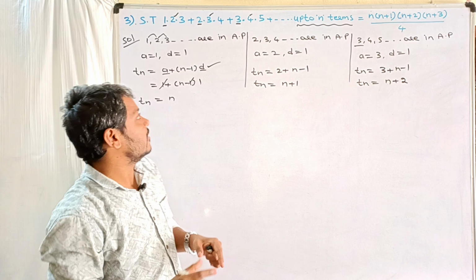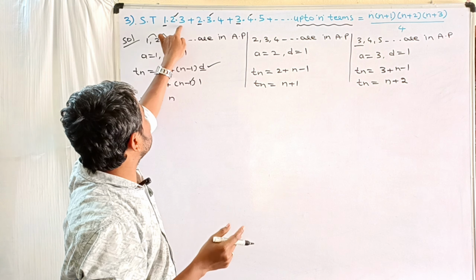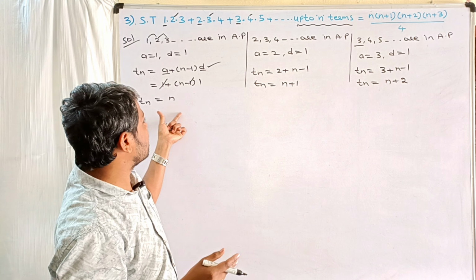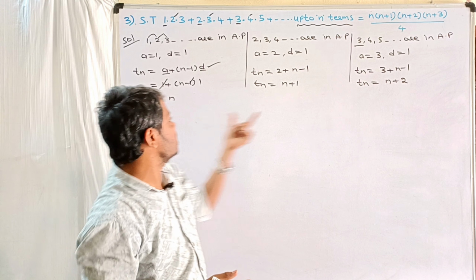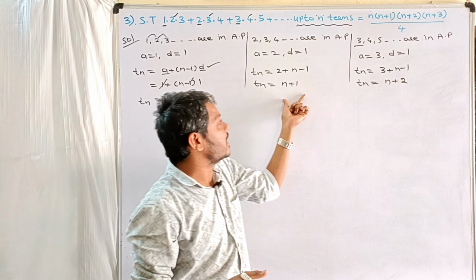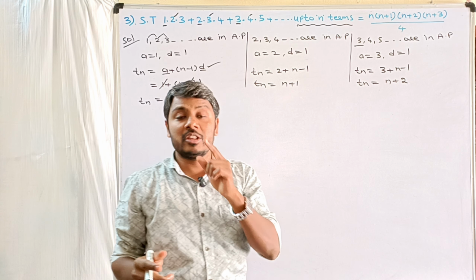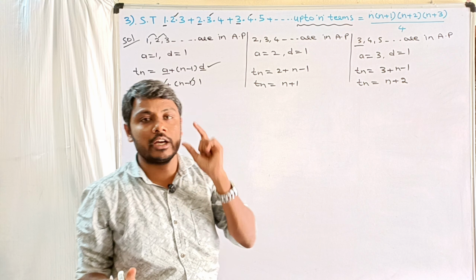Now clearly, what is the nth term? The product of these nth terms, that is n into (n plus 1) into (n plus 2). That is our nth term.